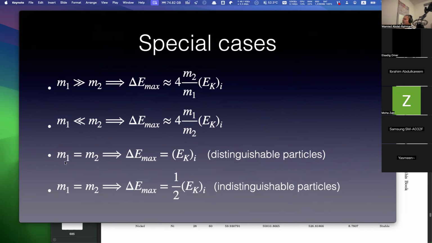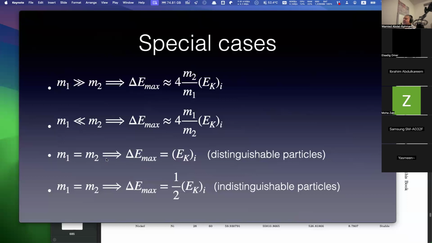When we have M1 equals M2, remember we're talking about elastic scattering, so we don't have M3 and M4. All you need to consider is M1 and M2. When we have mass M1 equals M2, then the maximum energy transfer is just going to be equal to the kinetic energy of the particle.